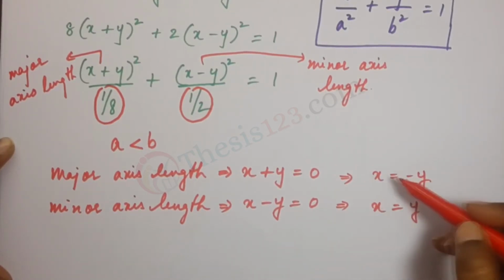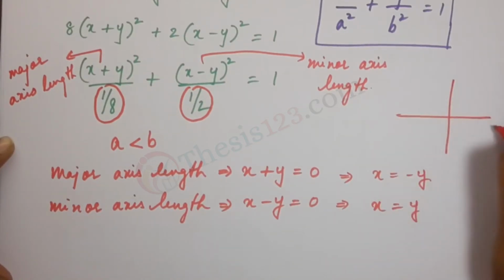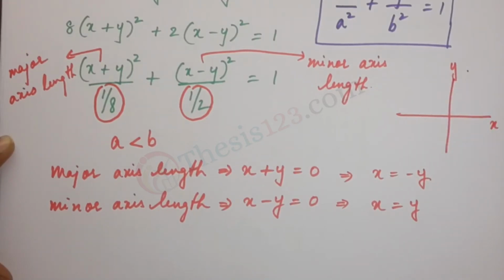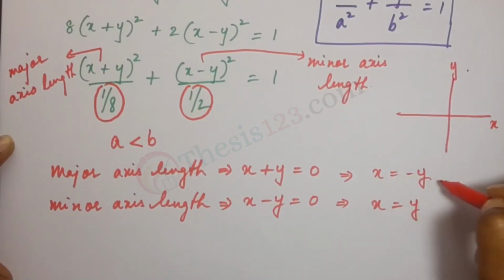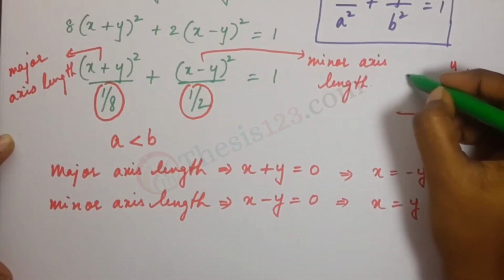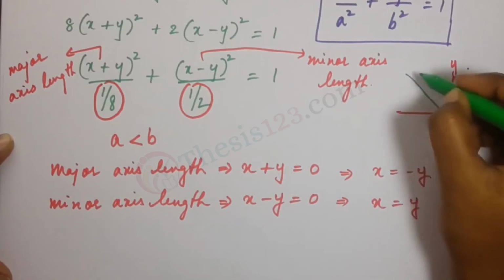Now here's the thing. If it is x is equal to minus y, here's our axis. We have x here, we have y here. This is our xy plane. X is equal to minus y is along here, and it passes through the origin.